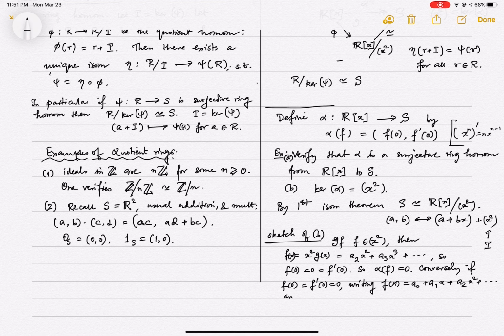We find that a0 is just f of 0, so that has to be 0, and a1 is just the derivative at 0, so that also has to be 0. So again, f of x starts from a2 x squared plus a3 x cubed plus and so on, so it's a multiple of x squared. So that's essentially why part B is true.